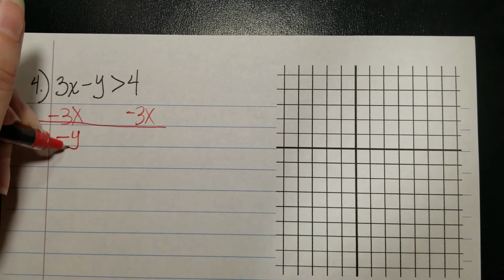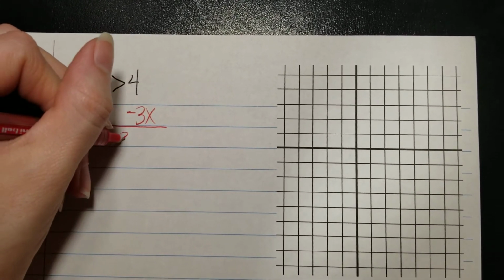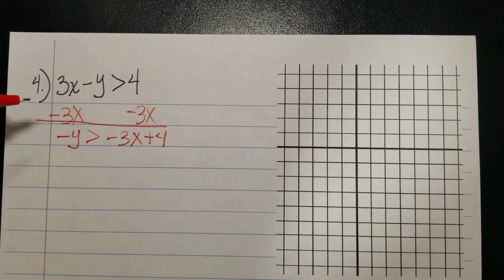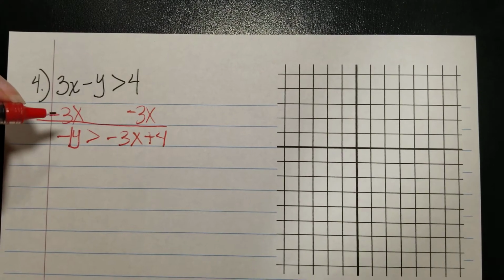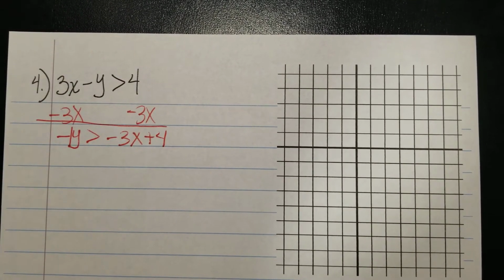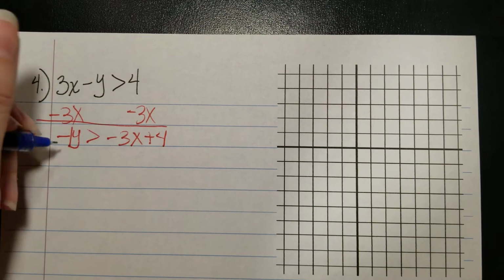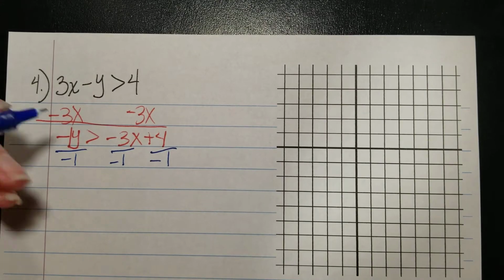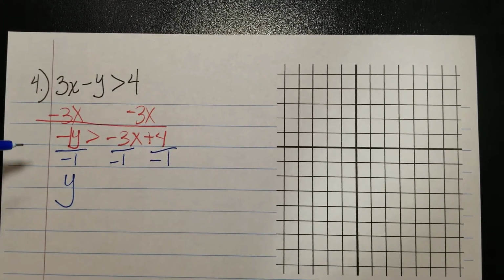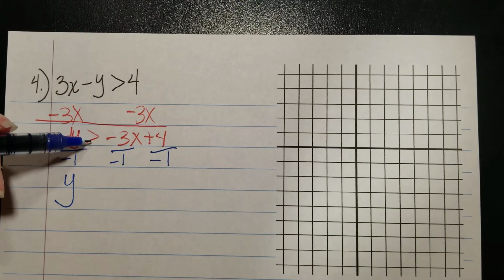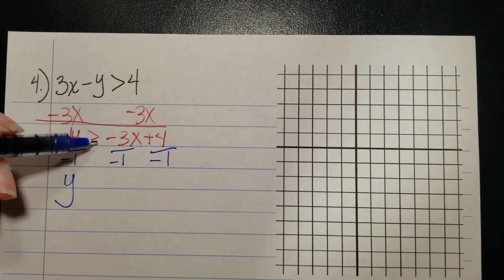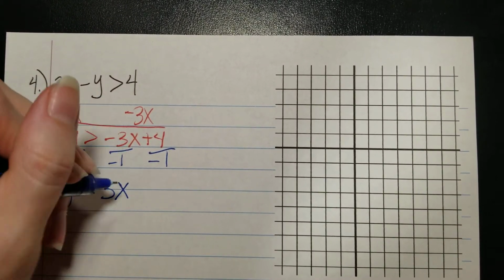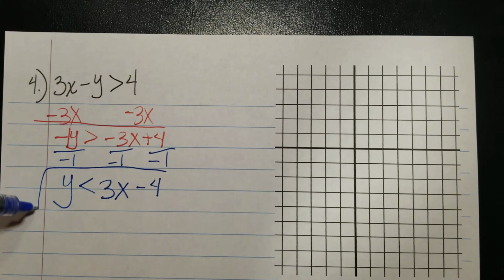That gives me -y is greater than -3x plus 4. -y is the same thing as -1y, so I'll divide each term by -1. Remember, when you divide by a negative, you have to flip the inequality. So instead of greater than, it's going to be less than. So y is less than 3x minus 4.